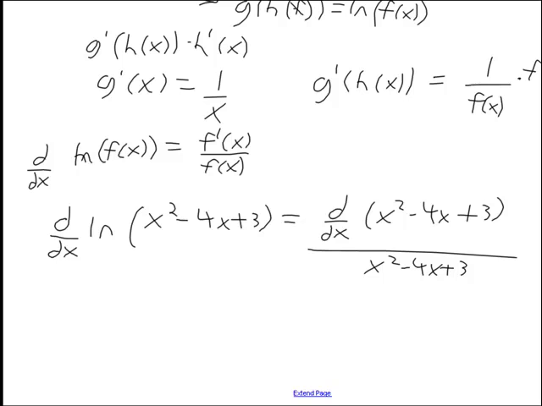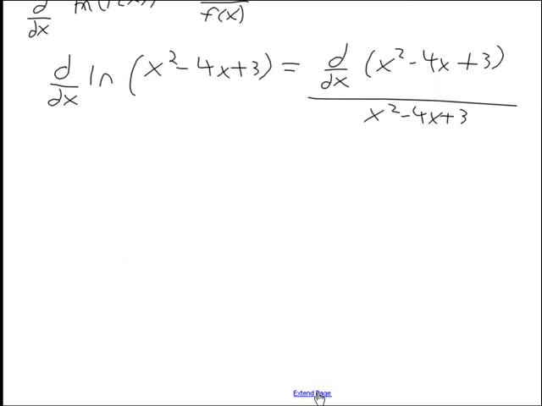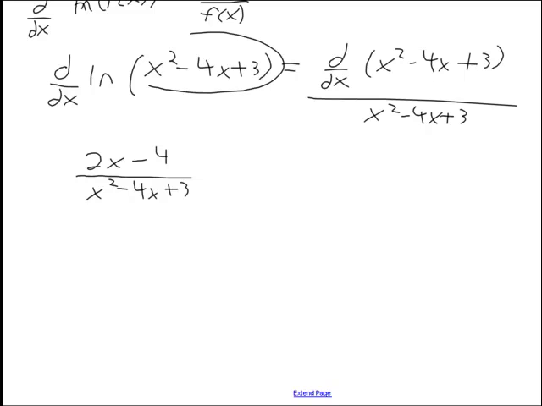And we can just use our basic power rule and sum and difference rules. For the derivative of that polynomial, it'll just be 2x minus 4 divided by x squared minus 4x plus 3. So we've shown in this that the derivative of the natural log is just the derivative of the argument, the inside part, divided by itself.